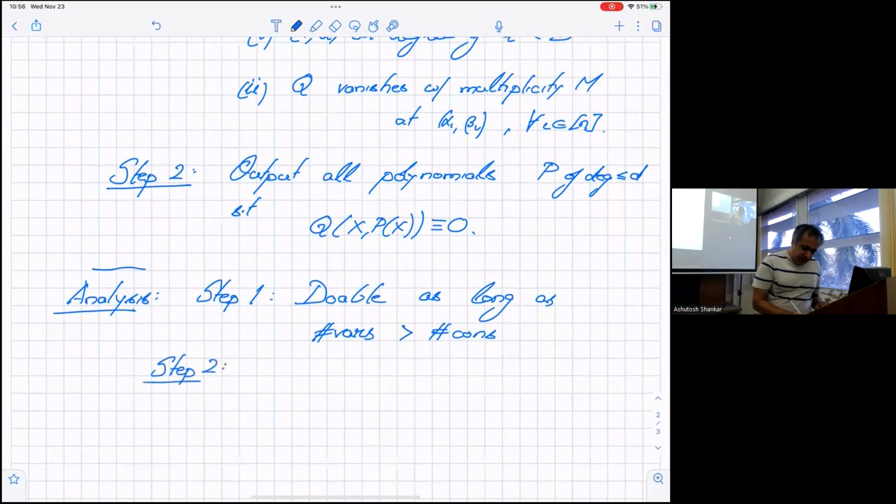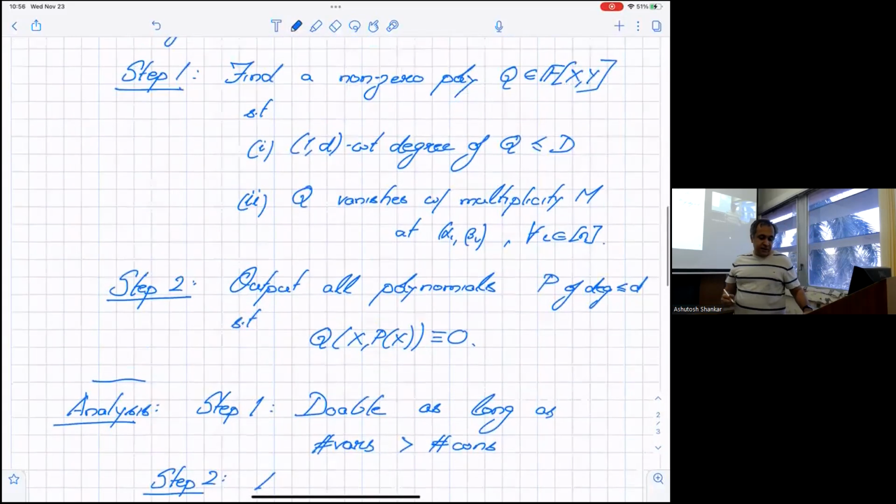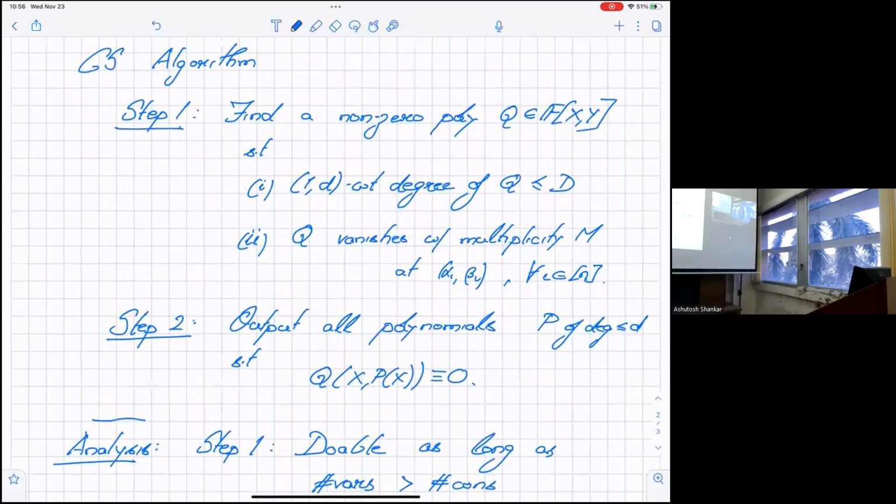Step two, we went stating that for every point of agreement. So firstly, I want to say why does step two work? Why do these polynomials P work? There are some polynomials P which are close to the data, and we want to show that these polynomials appear in this list.